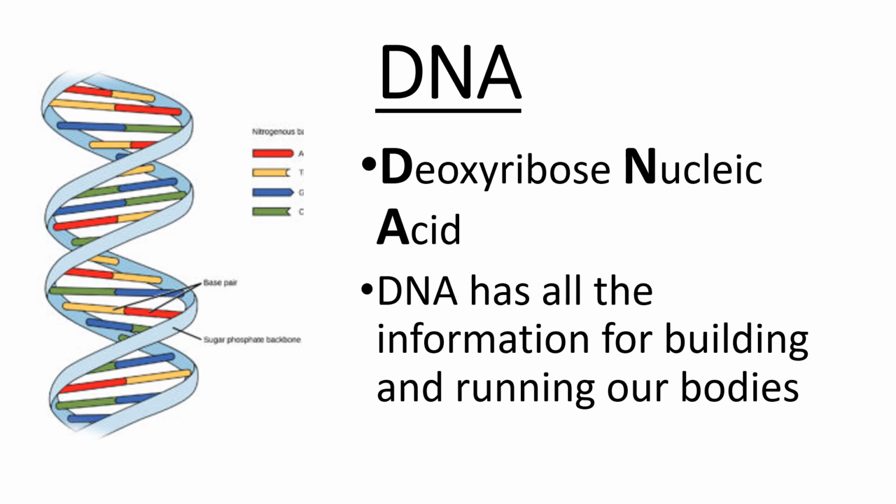The first thing we need to know is that our bodies have DNA. By this point, we should know that. DNA stands for deoxyribose nucleic acid, so it's a macromolecule nucleic acid, and deoxyribose indicates it has a 5-carbon sugar base, but we'll get more into that in our next unit.